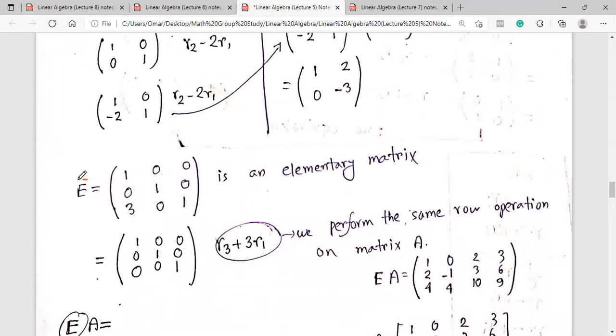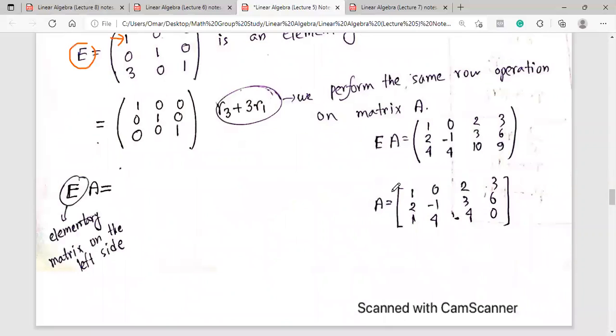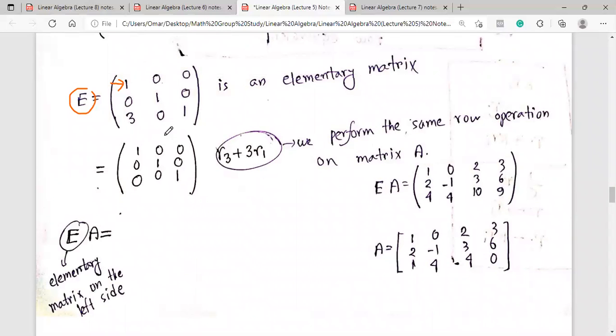So this is also another elementary matrix, because we just multiply 3 with the first row, and then we perform the same row operation on the matrix A: R3 minus 3 into R1.